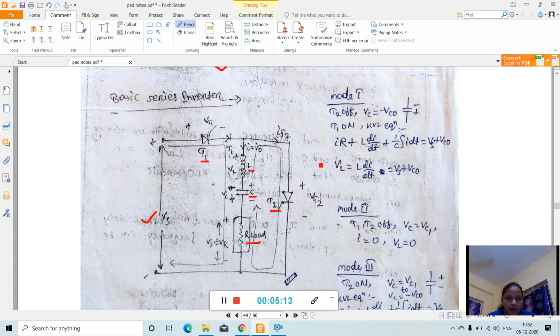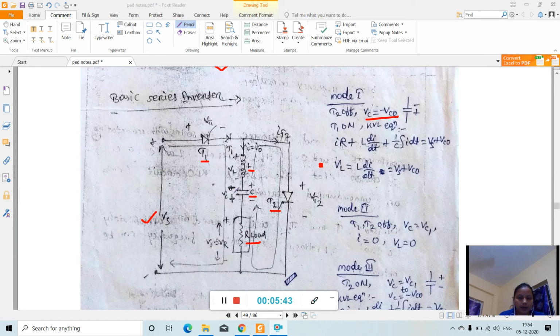And here the commutating components L and C are there. Voltage across L is VL, and this is capacitor C. Initially the capacitor's upper plate is negative and lower plate is positive, and the voltage across the capacitor VC is equal to minus VC0. This is a predefined thing.